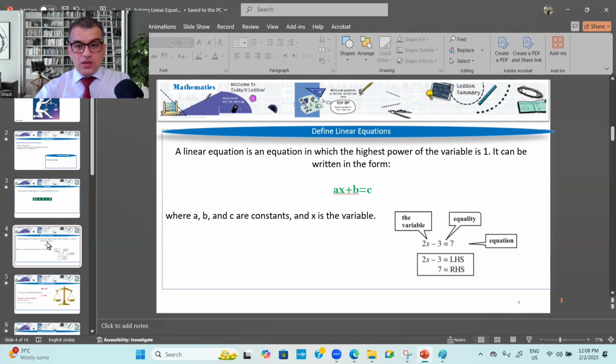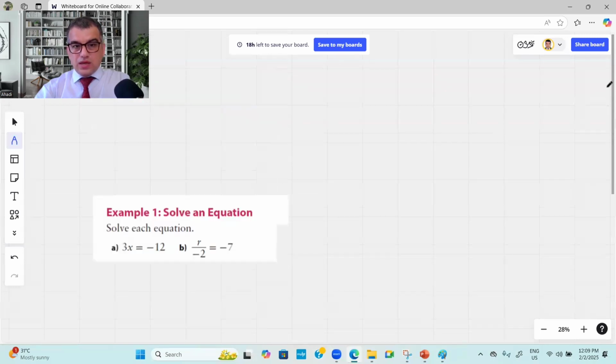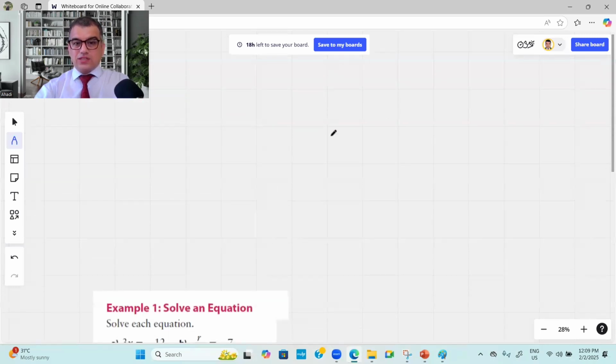We show linear equations like ax plus b is equal to c. Here a and b are constants and x is a variable.